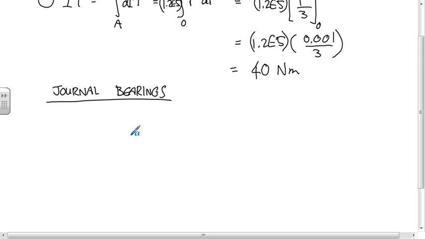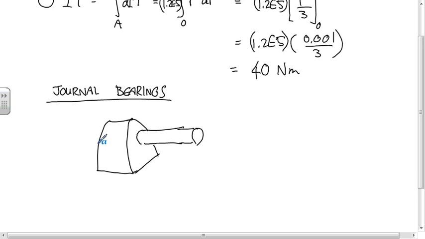You can think of these problems as an axle, so this shaft is rotating inside this hole that goes through the bearing.